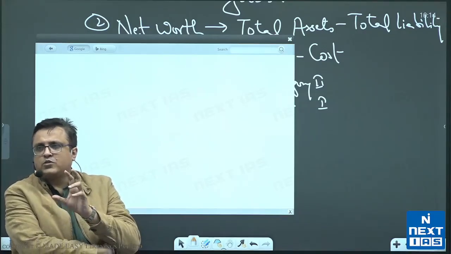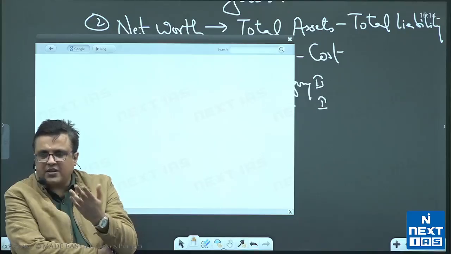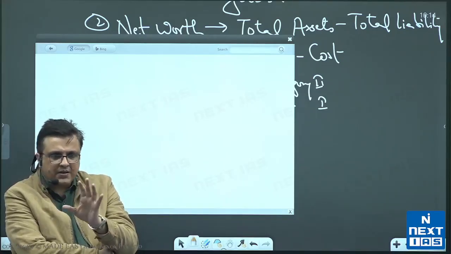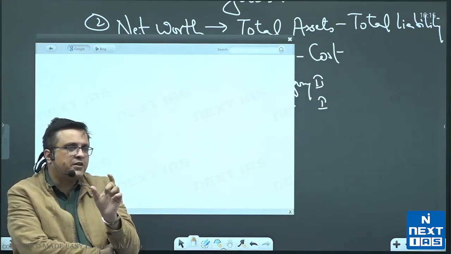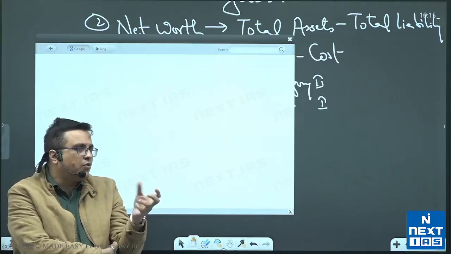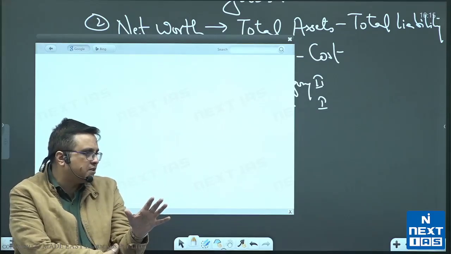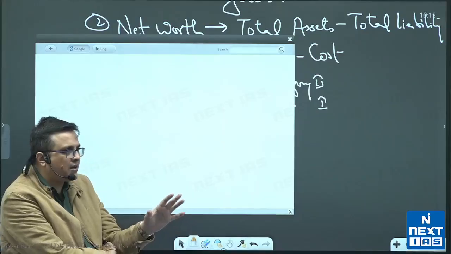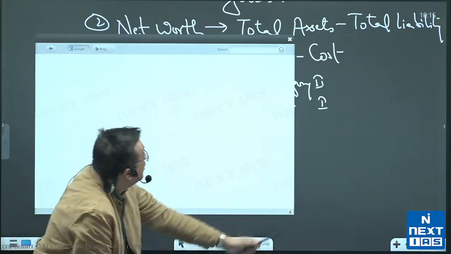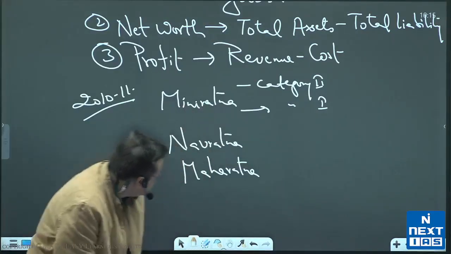Understand this? So if my net worth is more than 300 crore, then the maximum limit is 300 crore. If my net worth is lesser than 300 crore, then whatever is my net worth, I can invest as much. Alright? So freedom to invest up to their 300 crore or their net worth, whichever is lesser.